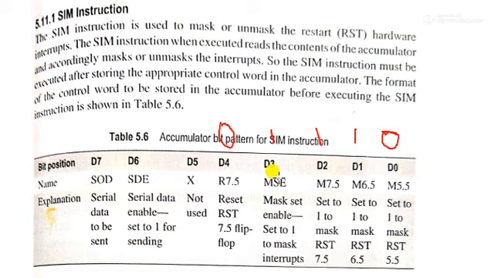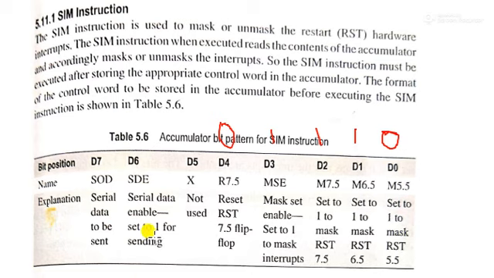Like the D3 bit is the key for the three bits D0, D1, D2, in this way the D6 bit is the key for the D7 bit. If it is 1 and here is 1, that means serial output data is performed. If it is 0 and here is 1, that means no serial output data will be performed.